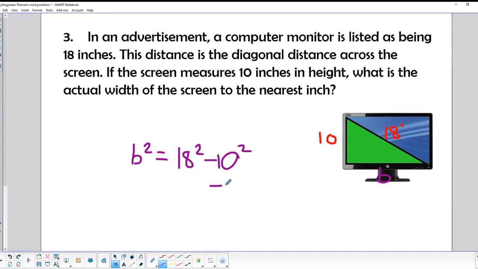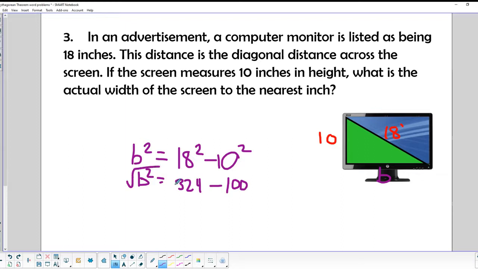We know what 10 is. 10 squared, that's 100. So let's find C squared. We've got to square our 18. So 18 squared is 324. And all of that is equal to B squared.